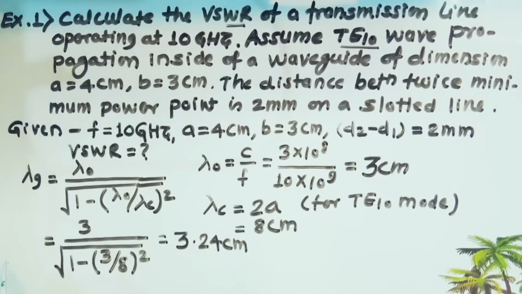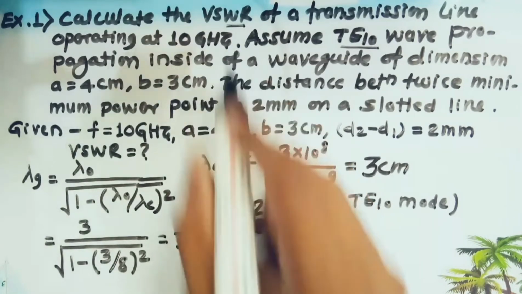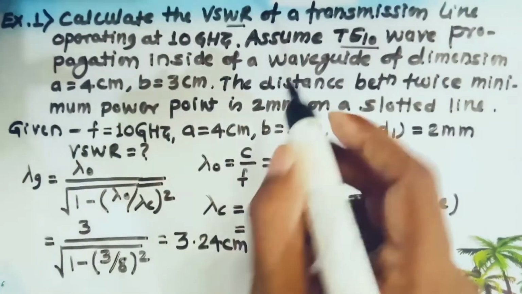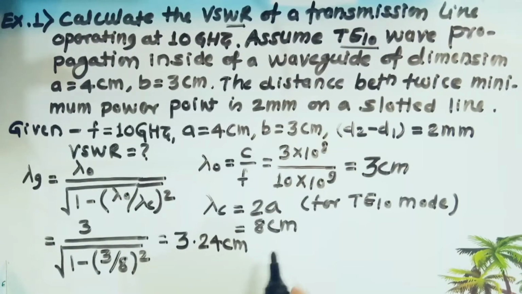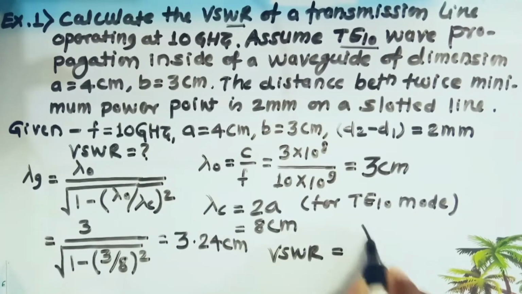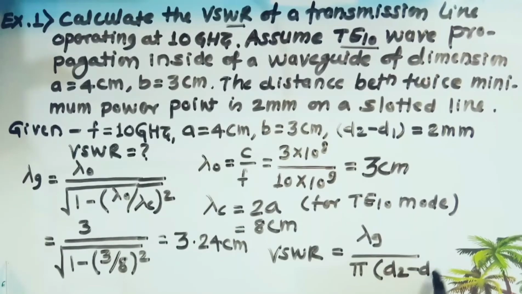Now what is the formula for VSWR for the double minima method on the slotted line? That is given as VSWR equals lambda g divided by pi into (d2 minus d1). Lambda g is 3.24 divided by pi into 2 mm.